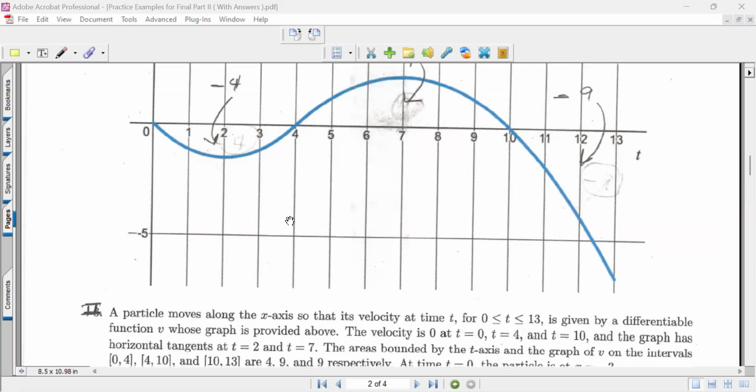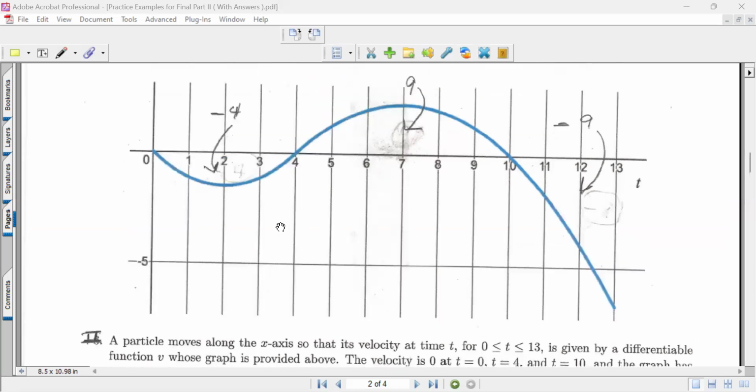I've labeled these here for you. This is 4, but it's under the axis, so it's -4. And this is under the graph above the x-axis, and so it's +9. And this area here is below the x-axis, so it's -9.